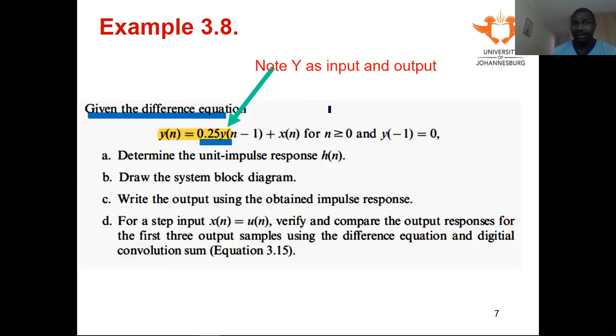We're looking at n values greater than 0, and this is your initial value at y of minus 1. Determine the unit pulse response, and sketch the block diagram. It's more or less similar to what you did, but applied to a different equation.